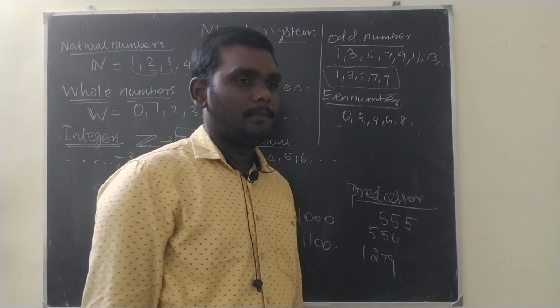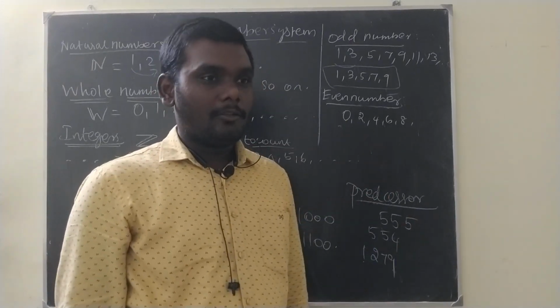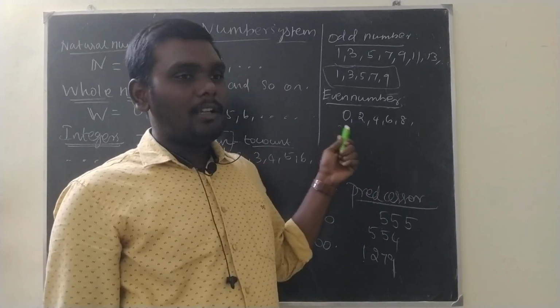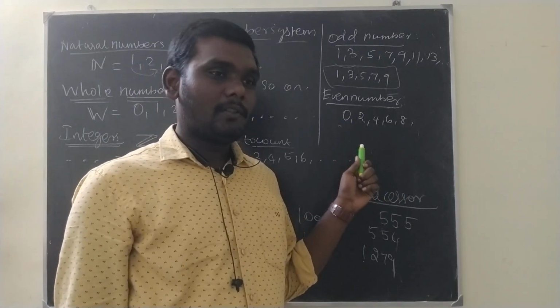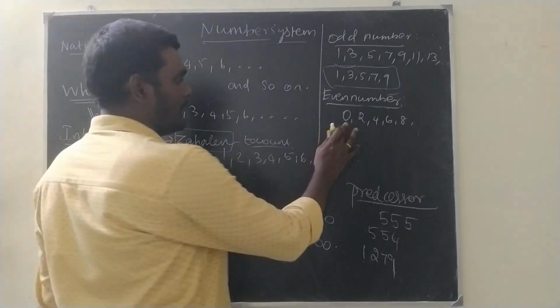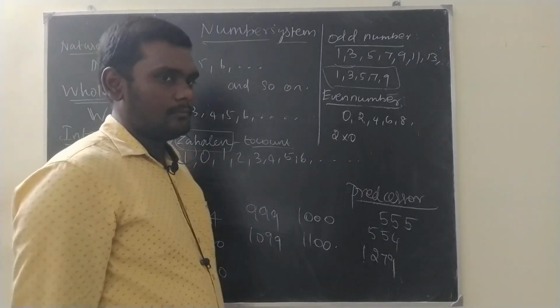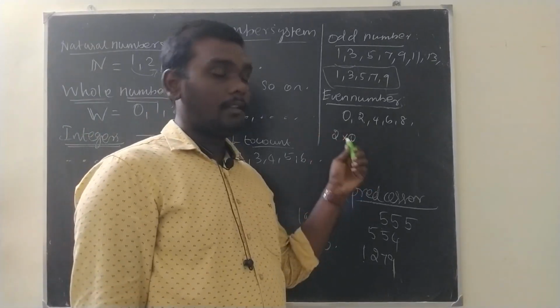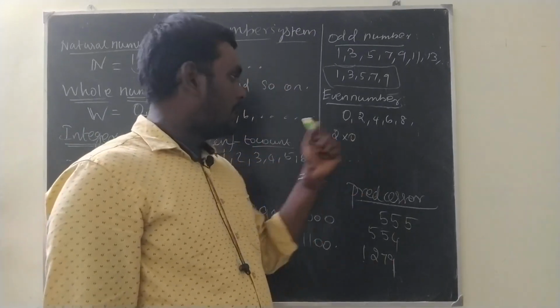Yes, it does. That is why 0 is an even number. Also, we can represent 0 as a multiple of 2. A number which is a multiple of 2 is called an even number. Shall we represent this as multiple of 2? 2 into 0. So that is why this 0 is an even number.